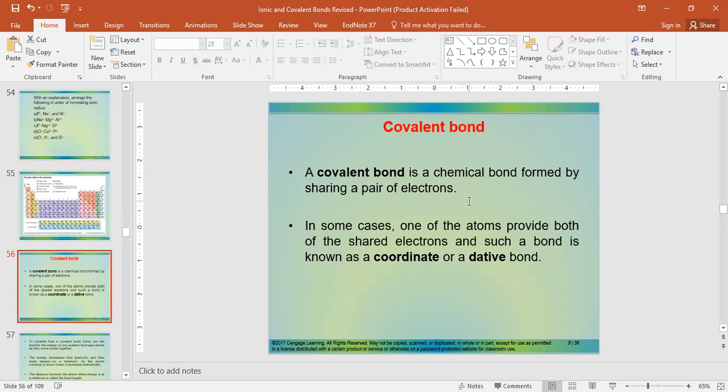Now, in some cases, some elements may have no electrons to share, but they still want to have a noble gas configuration. So in such cases, electrons are donated by neighboring atoms. That's why we are saying that in some cases, one of the atoms provides both of the shared electrons, and such a bond is what we refer to as dative or coordinate bond.